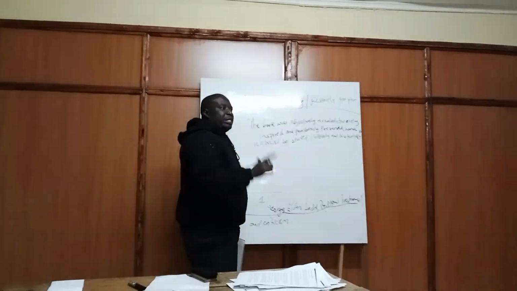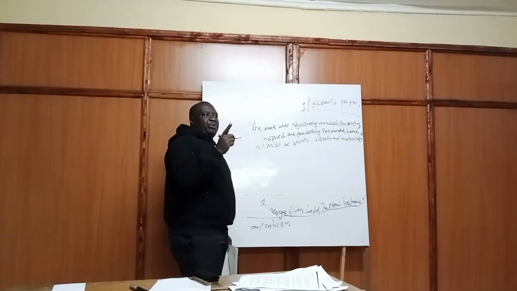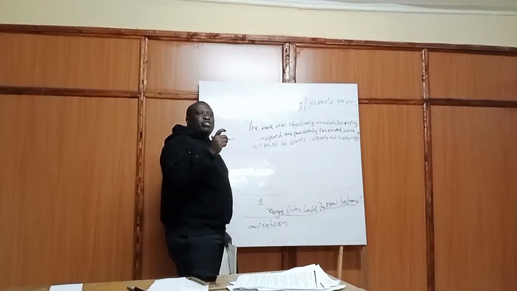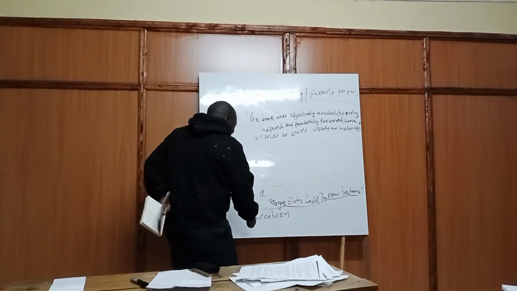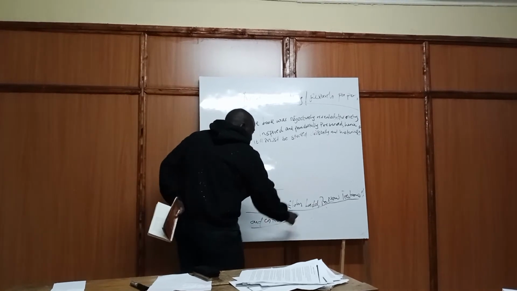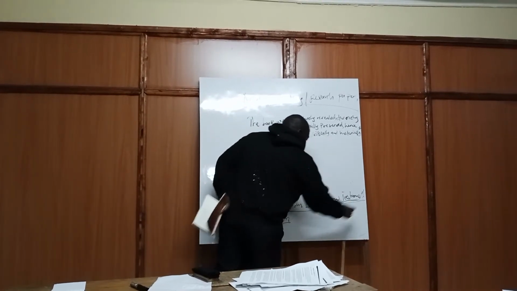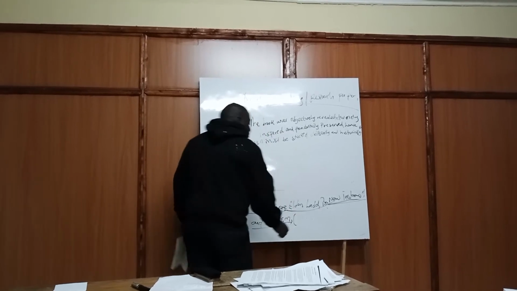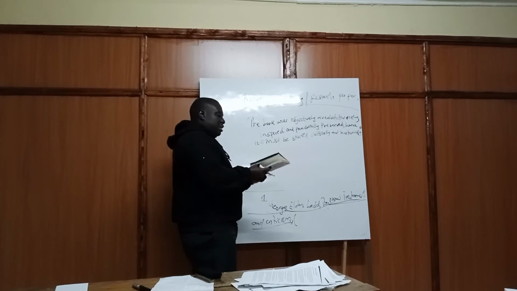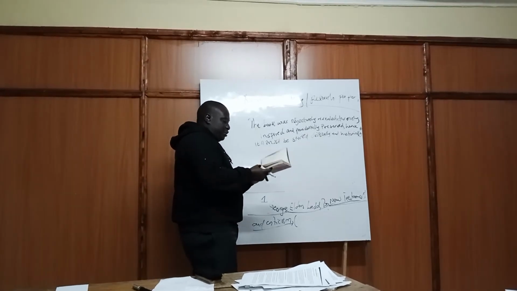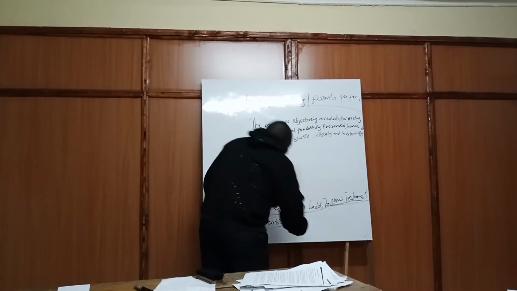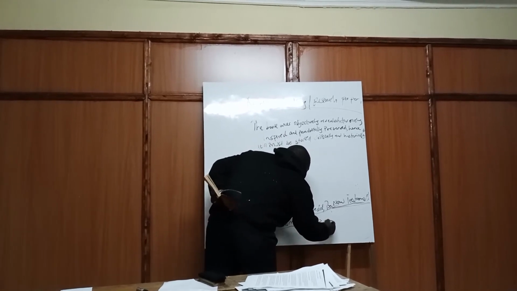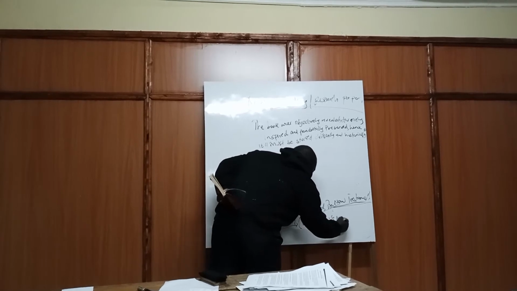What did I say about the title of a book? What are you supposed to do with the title of a book? You underline. Therefore, you underline it here and you underline it here. Then you put a bracket and you put the city where this book was published. It was published in Grand Rapids, Michigan.